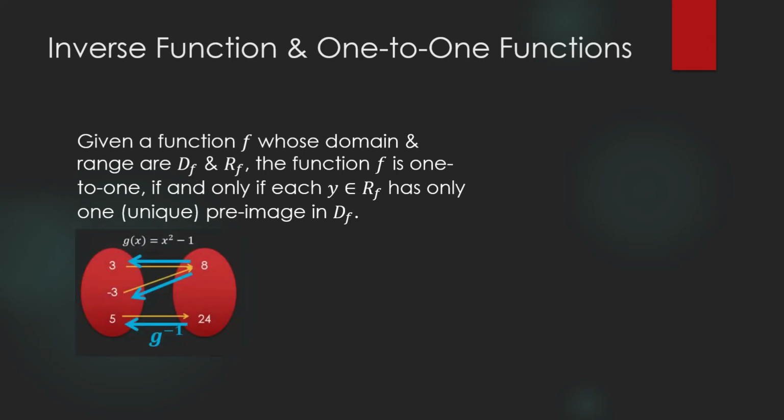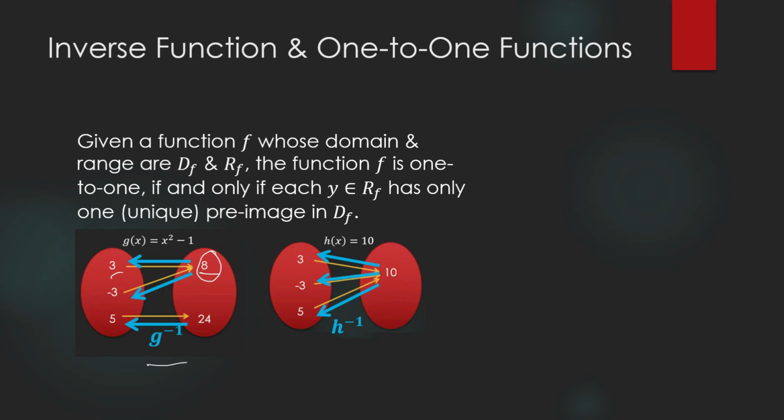So this one, for example, function g is not a one-to-one function because this one, okay, so this is the image of 3 under g. But the pre-image of 8, okay, the pre-image of 8 under g are 2, 3, and negative 3. And so the pre-image is not unique. G inverse is not one-to-one.